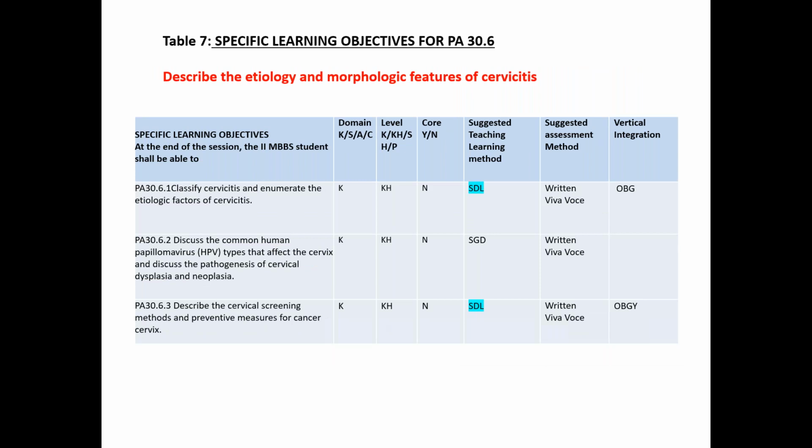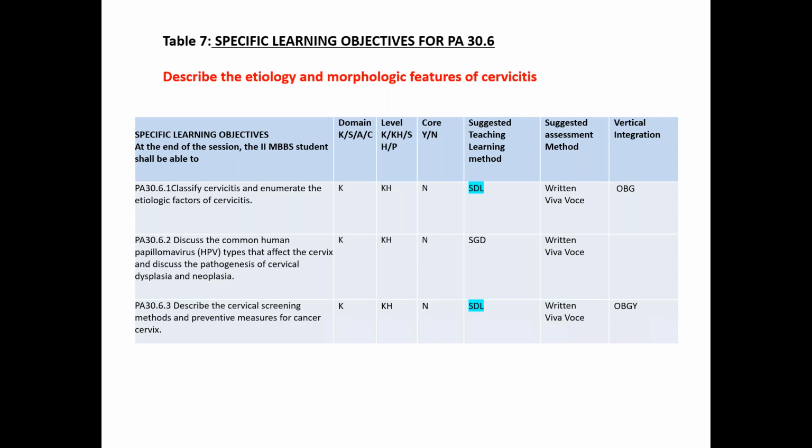Describe the etiology and morphologic features of cervicitis. Now, for cervicitis, they have taken a separate competency. Classify cervicitis and enumerate the etiologic factors of cervicitis. This, I think, we can take as self-directed learning. Discuss the common human papillomavirus types that affect the cervix and discuss the pathogenesis of cervical dysplasia and neoplasia.